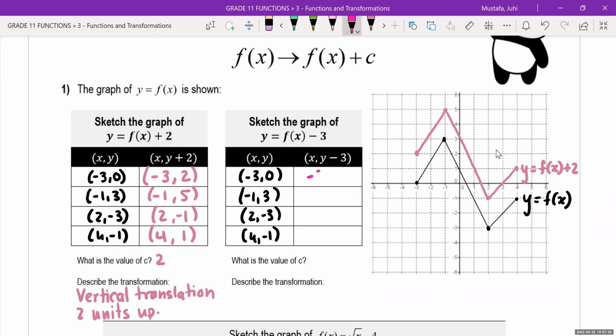The x values will stay the same, negative 3, negative 1, 2, and 4. And every y value over here is going to be subtracted by 3 to give you your brand new y values. So 0 subtract 3 is negative 3, 3 subtract 3 is 0, negative 3 subtract 3 is negative 6, negative 1 subtract 3 is negative 4. We're going to graph this, and when we do that, we're hoping every single point has moved down 3 units.